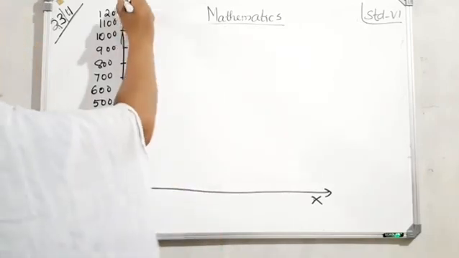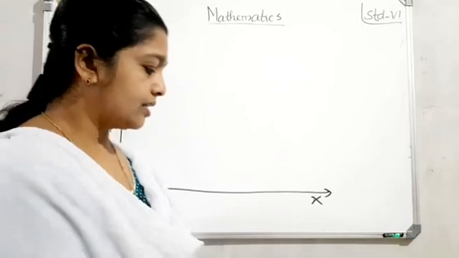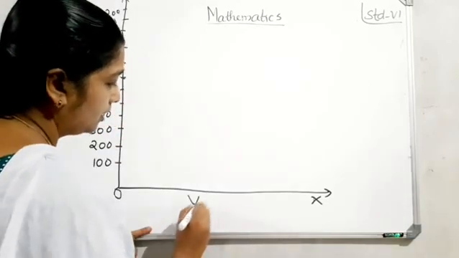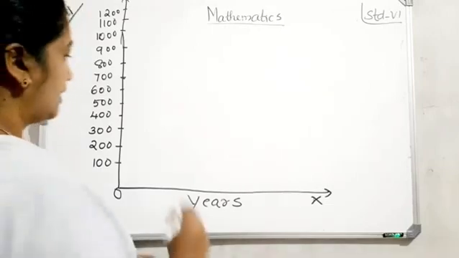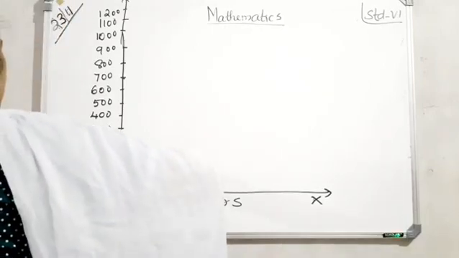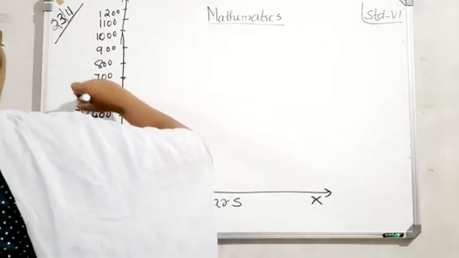Next, here on the x-axis we represent years. Understand? Next, on the y-axis, number of bicycles manufactured.